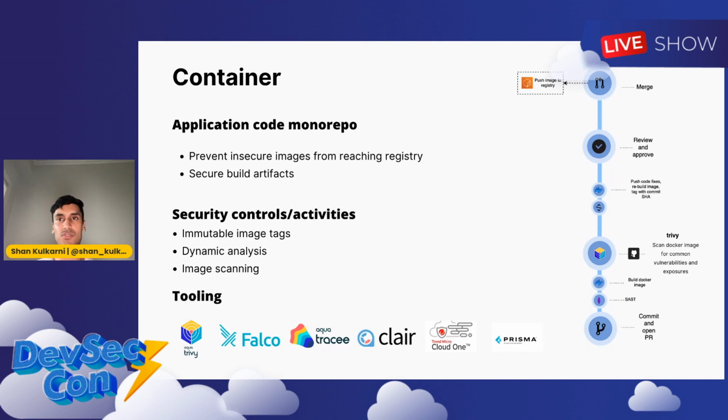After you've run SAST on your application code and built your Docker image, make sure you're scanning your container image to ensure no vulnerabilities are being introduced. Ideally, you would do this before you merge in and publish to your image registry. But you can also set up scheduled scans on your image registry, where every time an image gets pushed, it's being scanned and the scan results are somehow being surfaced back to the developer teams.